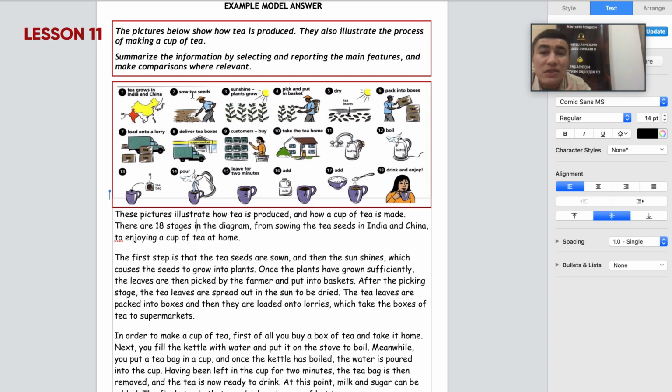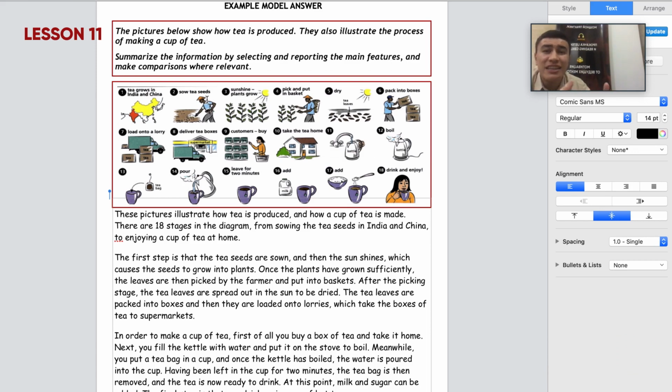And the second one is sowing tea seeds. As you can see here in the overview, from sowing the tea seeds in India and China, these steps have been merged, joined together, because in fact, what farmers do first is sow tea seeds.